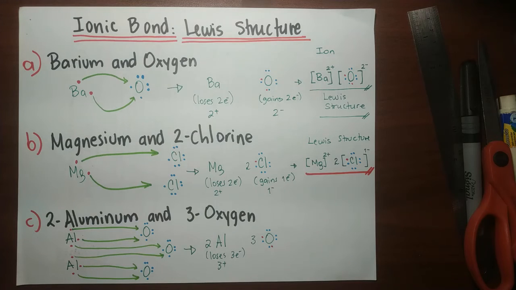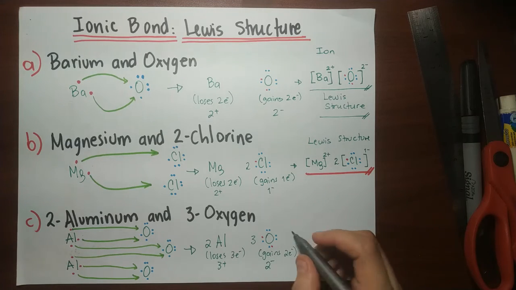That means that every atom of oxygen has 2 electrons coming from another element. In other words, every oxygen atom is gaining 2 electrons. So therefore, the charge is 2 minus, 2 negative.